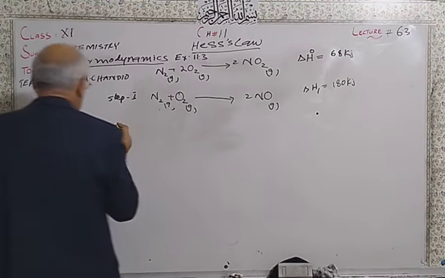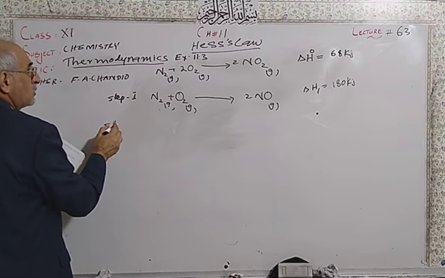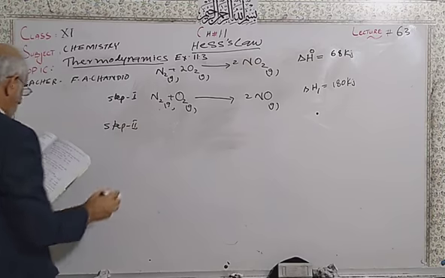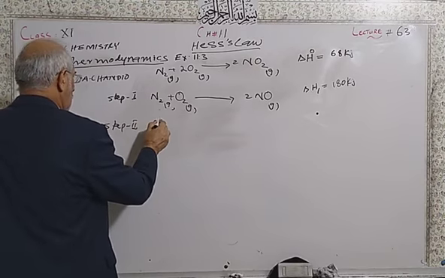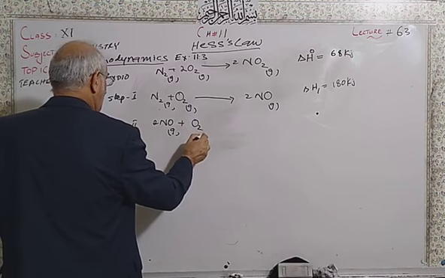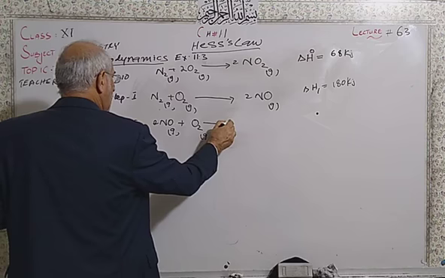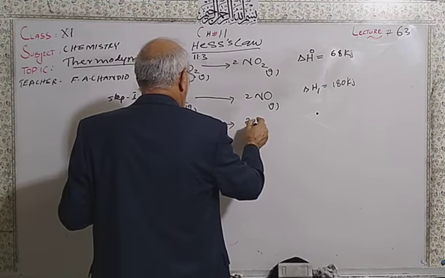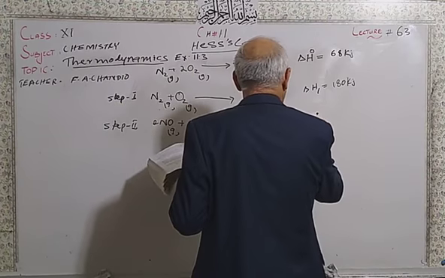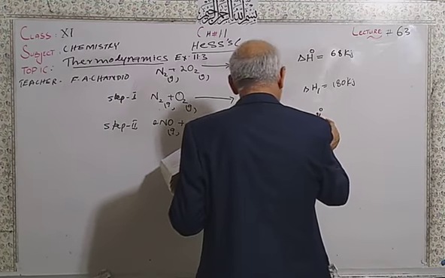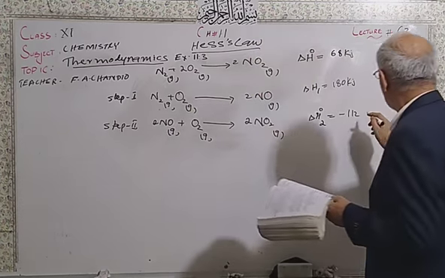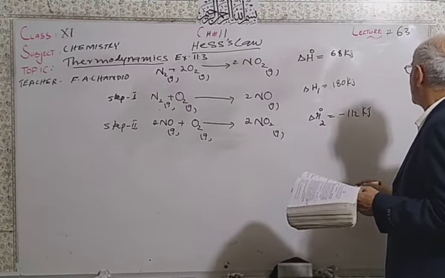Step number 2: 2 moles of nitric oxide gas again react with oxygen gas to form nitrogen dioxide gas, delta H naught is equal to minus 112 kilojoules.